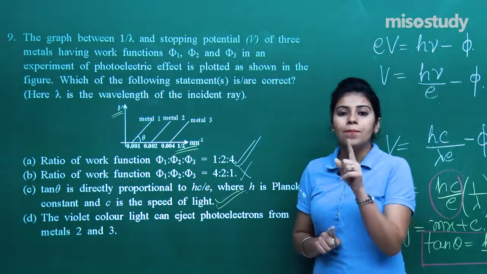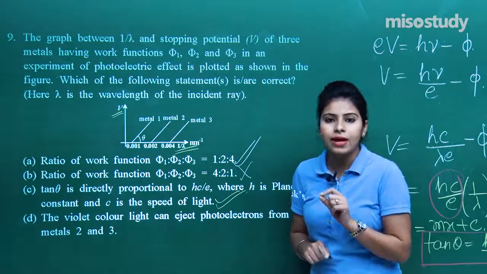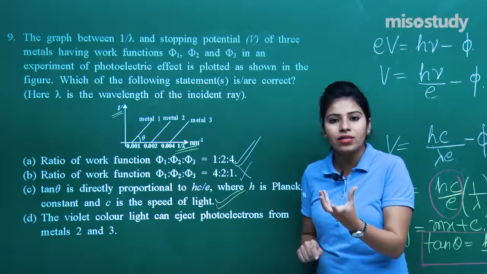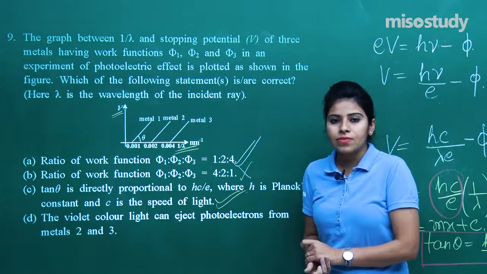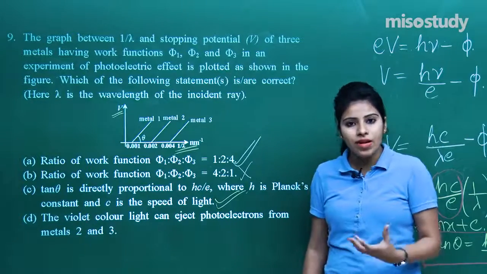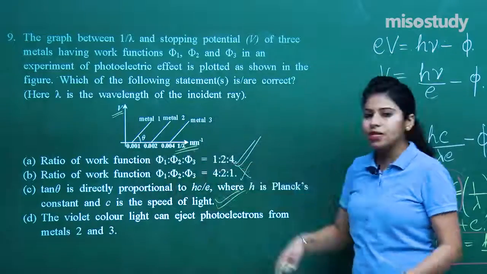Threshold frequency is the minimum frequency below which no photoelectron emission will take place. And the threshold wavelength is the maximum wavelength above which no photoelectron emission will take place, right?